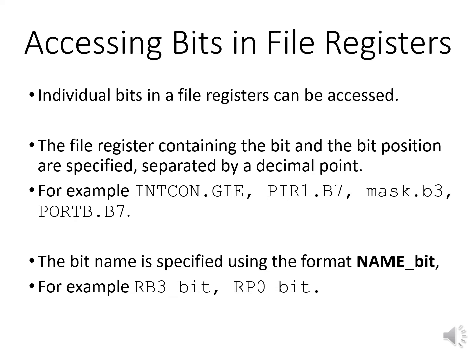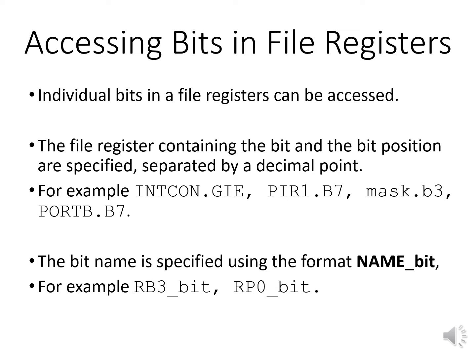B0 is the least significant bit position. B7 is the most significant bit position for an 8-bit value. Further examples are mask.B3 and portB.B7. Mask is a variable name that would have been declared by the programmer.